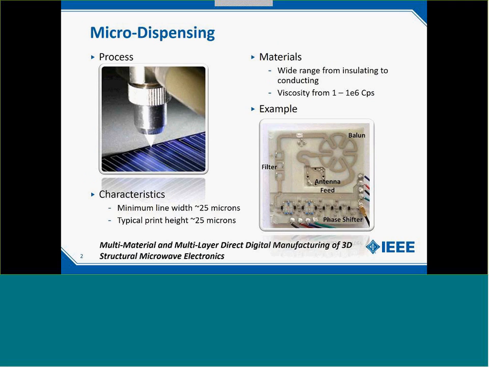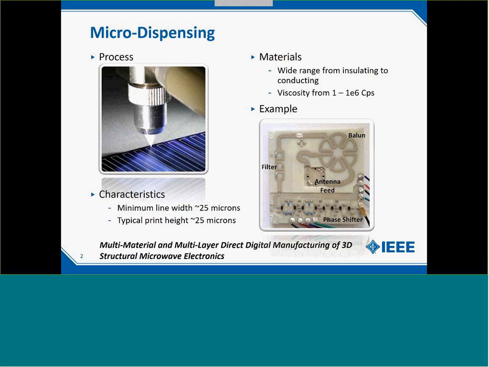The next technique I'll discuss is called micro-dispensing, and as you can see from the photograph here, it can use a nozzle which is very similar or identical to the FDM nozzle, except that in this case it's a paste that's forced through the nozzle using pressure.